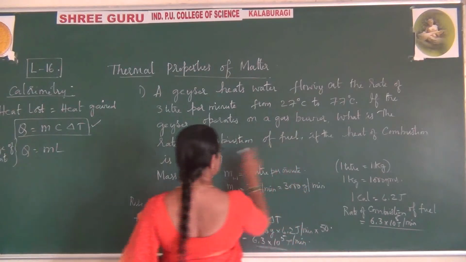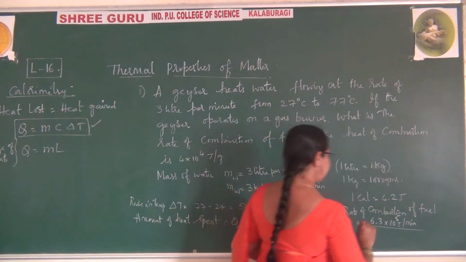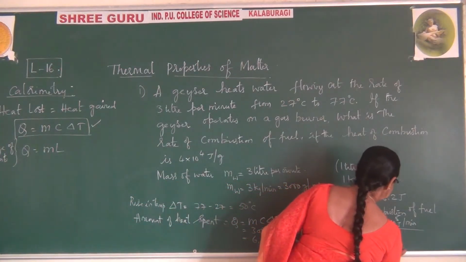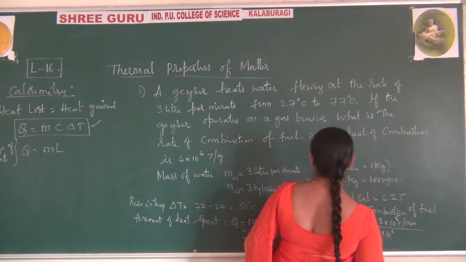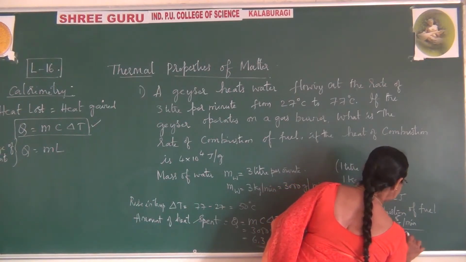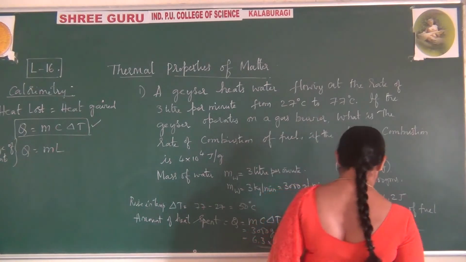The rate of combustion value is given, it is 4 into 10 raised to 4 joules per gram. This is what is given here.